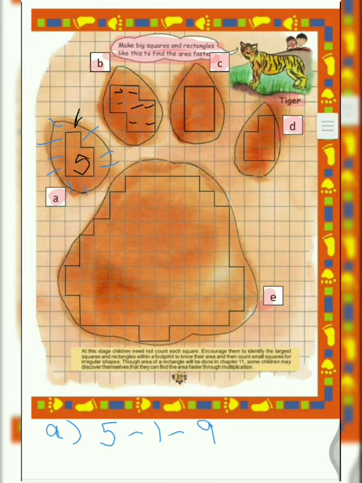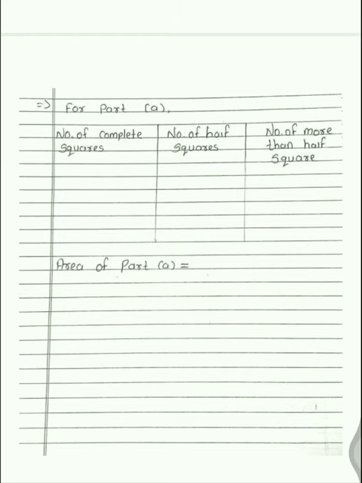And the number of more than half squares? 1, 2. Then 3, 4, 5 and 6. How many more than half squares are there? 6. So we will write for B1: 7 dash 0 dash 6. Clear? We need to solve it by the method.